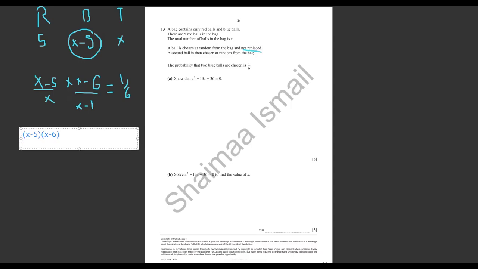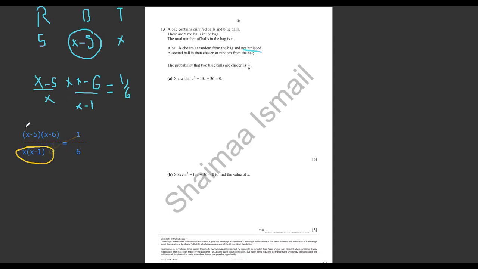Okay, all this will be over x minus 1. All this will be equal to 1 over 6. Now here what we do, we're going to multiply this by 1 for sure. It will be equal the same.